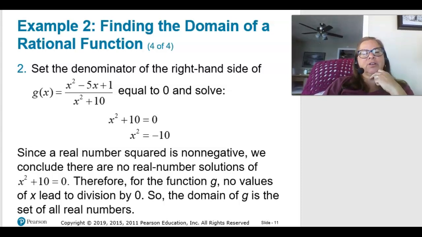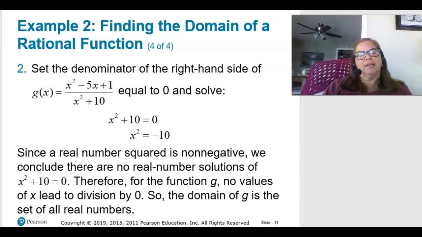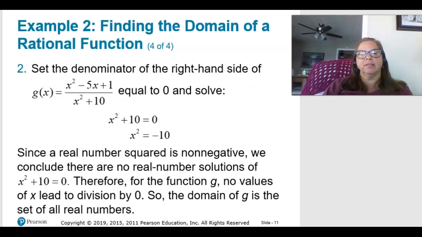Now, let's take a look at example number 2, where the denominator is x squared plus 10. So we know that in order to solve that, it works nicely with the square root property. X squared is now equal to a negative 10. When we take the square root of each side, we end up with the square root of a negative 10.